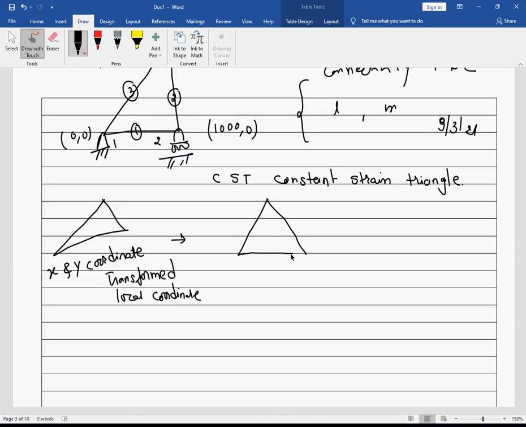my triangle would be like this. Here my coordinate system will be X and Y. After transforming into the intrinsic or local coordinate system, my coordinate system will be something like this. So this will be zeta equal to 1, zeta equal to 0, and this is eta equal to 1, and this will be eta equal to 0.